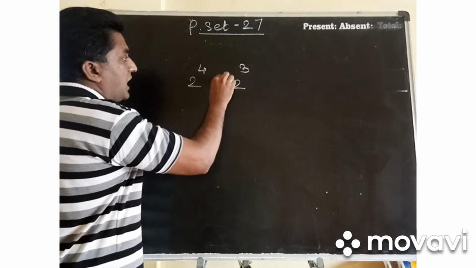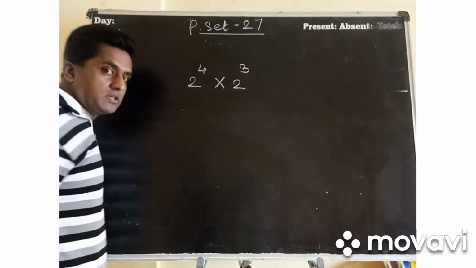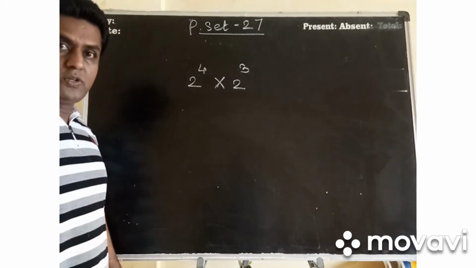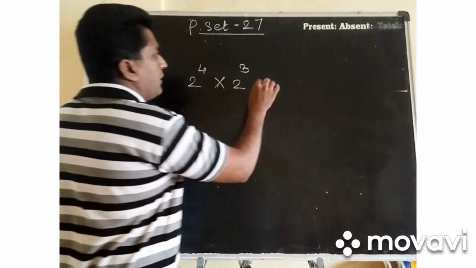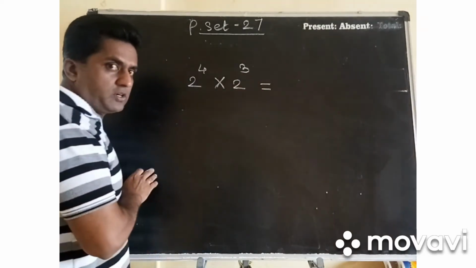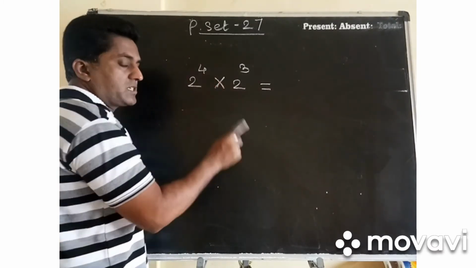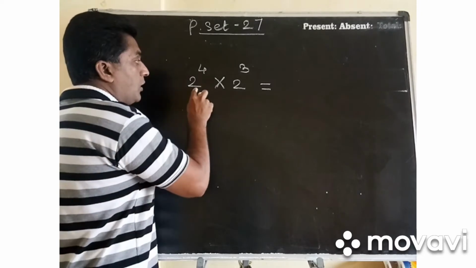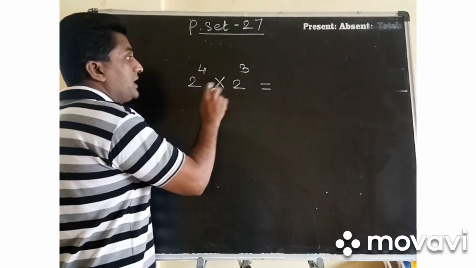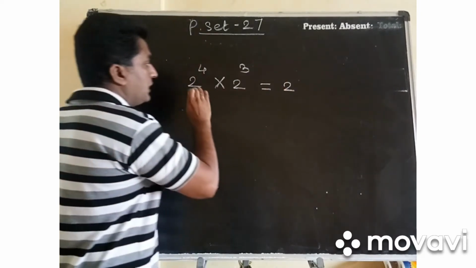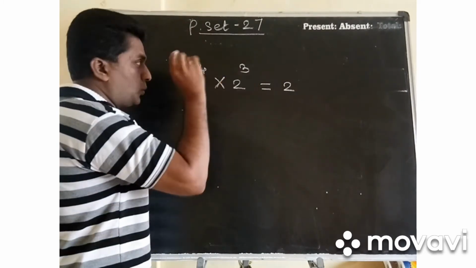But these two numbers are multiplied with each other. Now for solving this, what will you do? Very easy thing. Write is equal to in front of the question. First check whether the bases are the same or not. Yes, the bases are the same. What is the common base? That is 2. Write down 2 here. Instead of 2 times, write only 1 time.